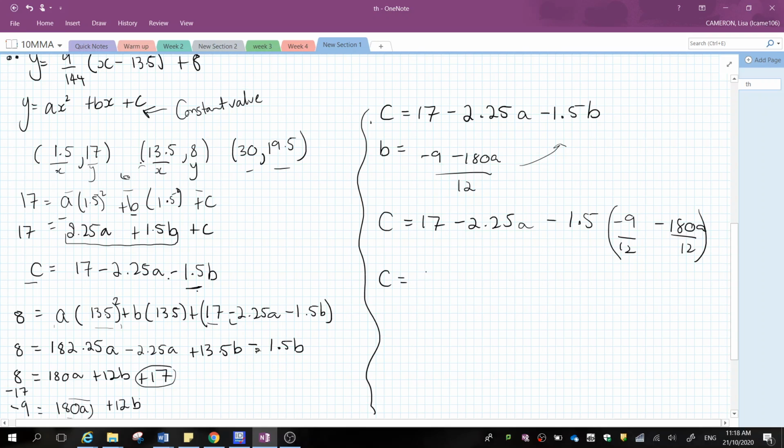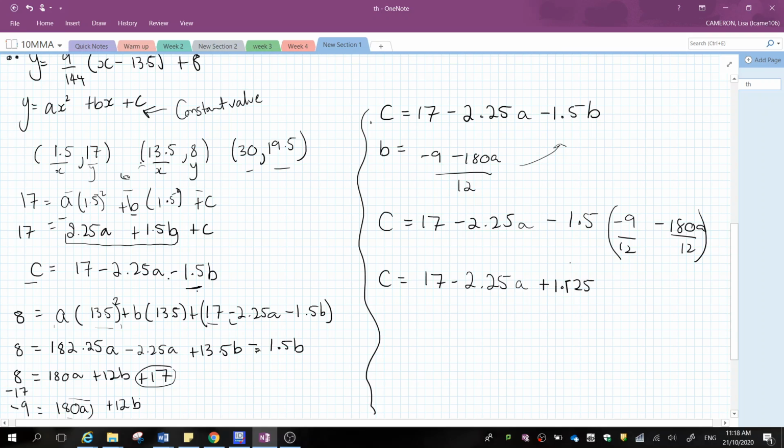Okay, so C actually equals 17 minus 2.25A. Then I'm going to do minus 1.5 times -9 divided by 12. Execute. So that's going to give me plus 1.125.